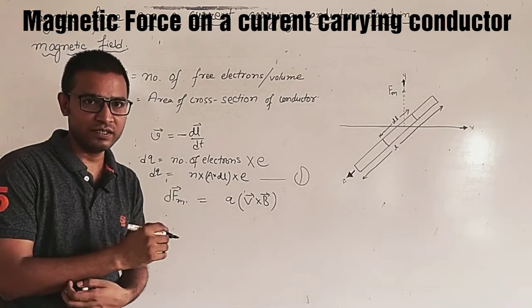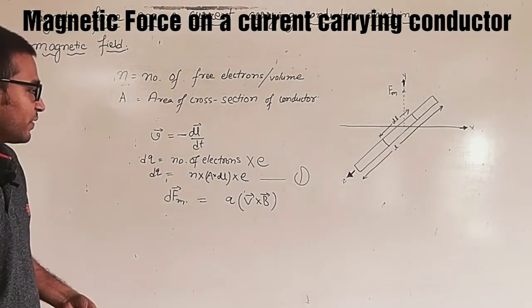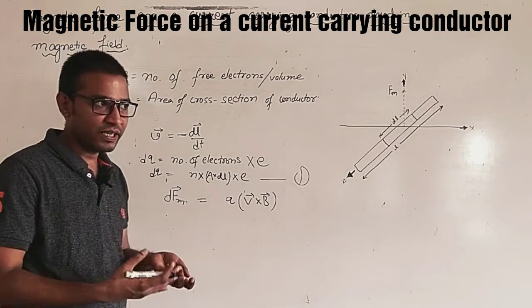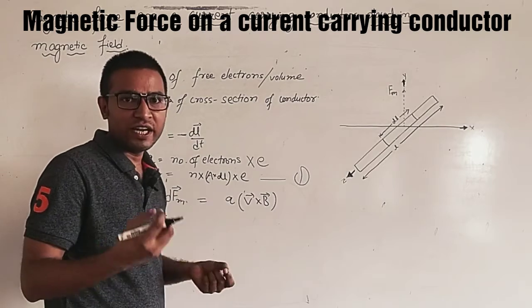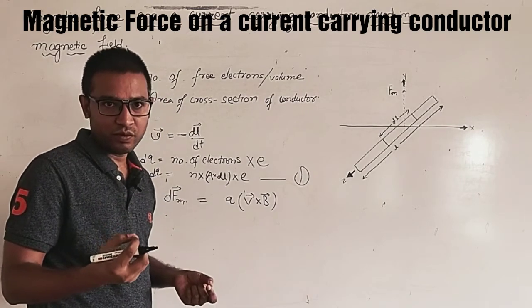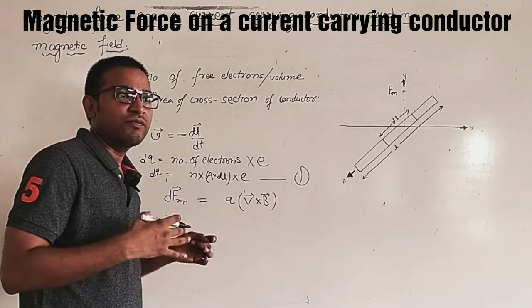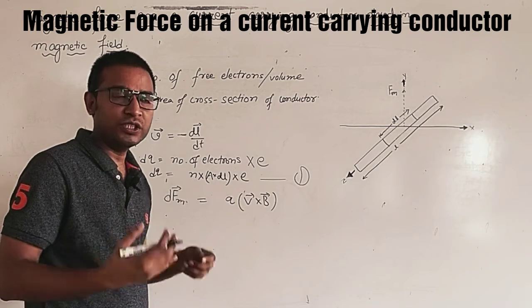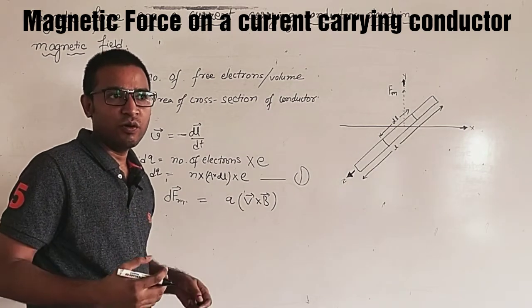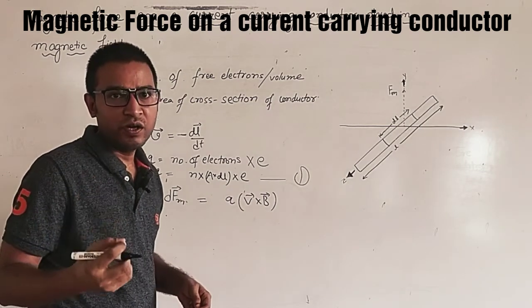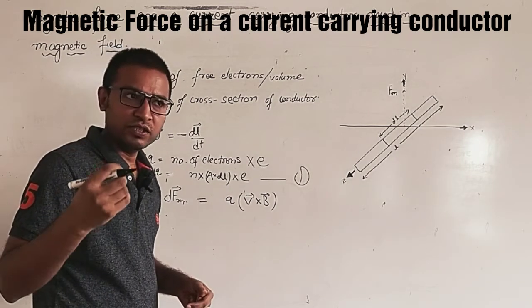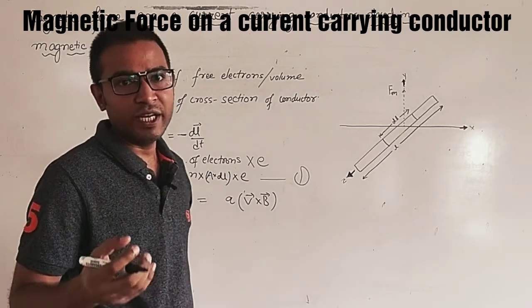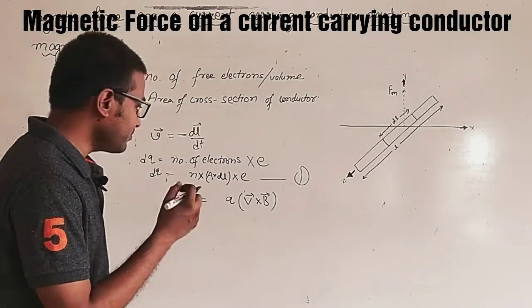But the charge on an electron is negative, so the force will be opposite to the movement, and that's why a negative sign comes over here.